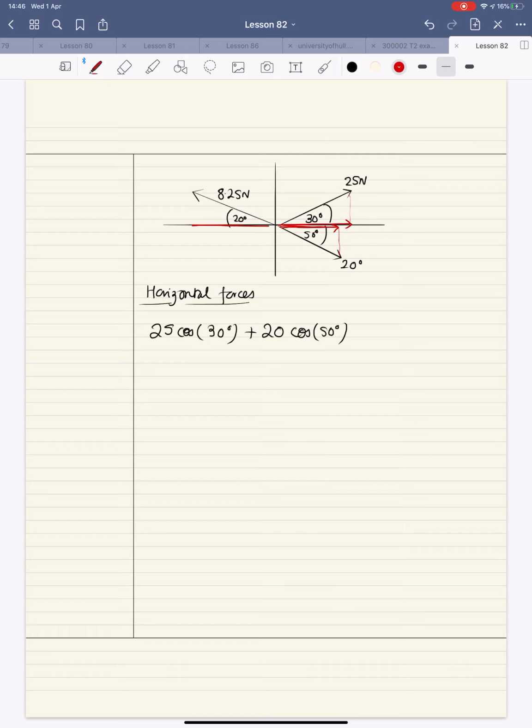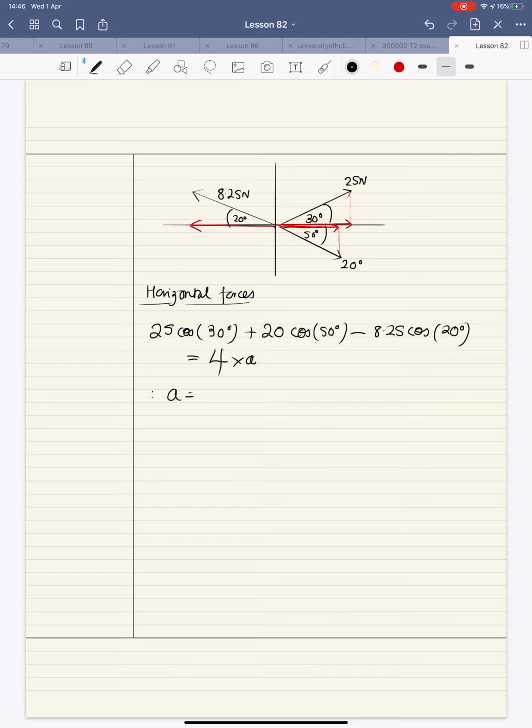Okay, but then we've got to subtract this one, which is backwards, minus 8.25 cos 20 degrees equals mass, which was 4, times acceleration.